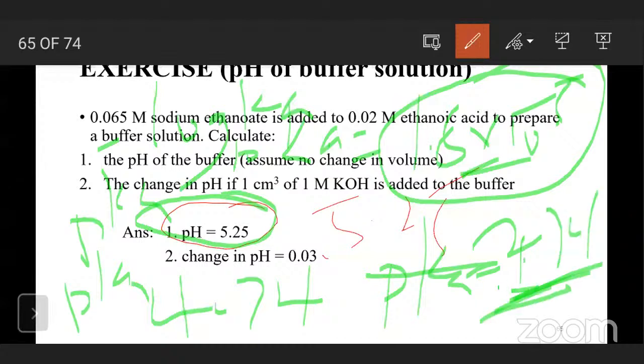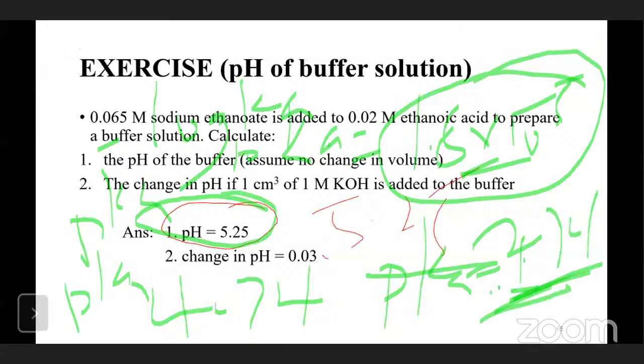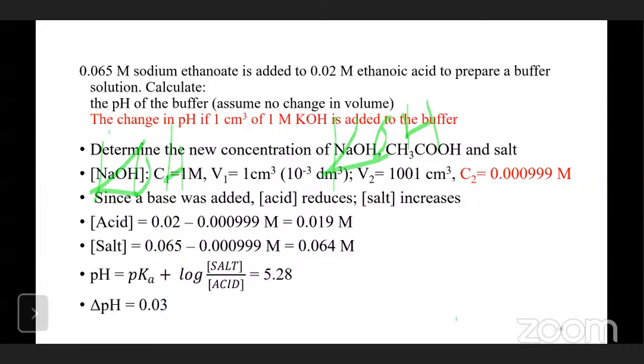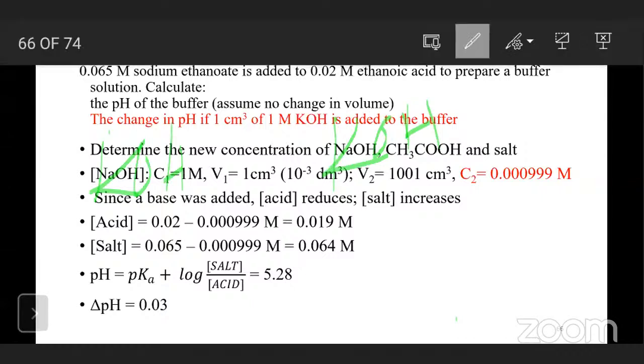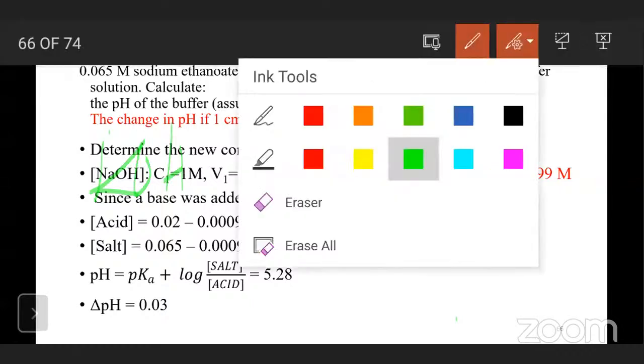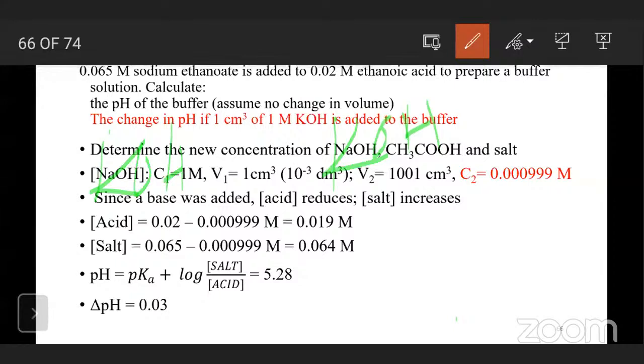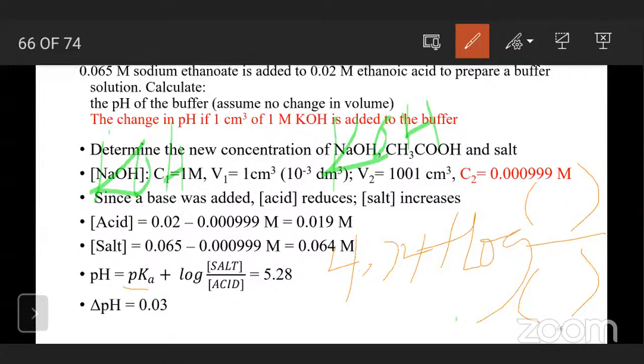Don't forget that pKa. So let's introduce what we've been given and what we have calculated into this new expression to solve this question. pH equals pKa, which is 4.74, plus log of the concentration of the salt over the concentration of the acid.